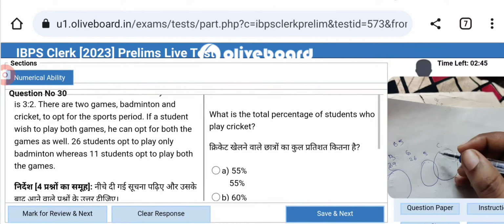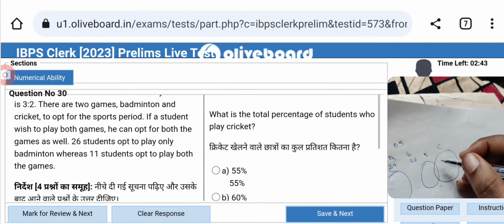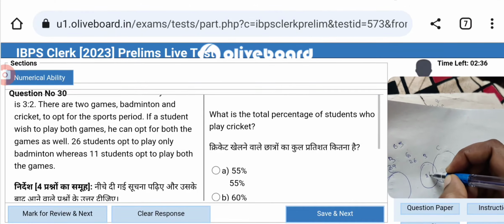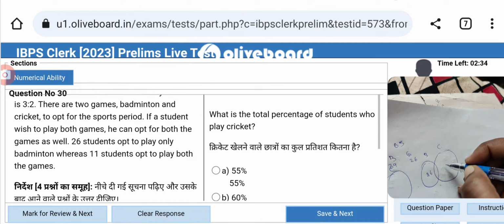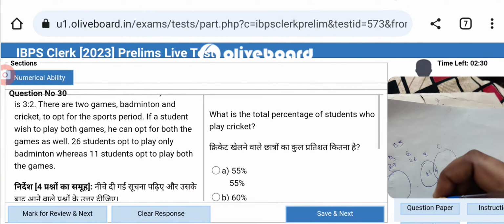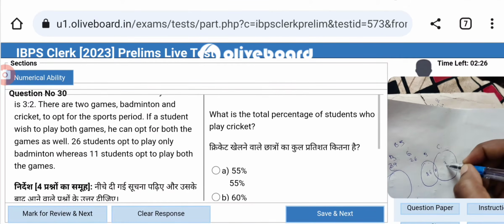If students play both games, they opt for both the games. So 26 opt play only badminton, whereas 11 students play both. So 3, 33, 65, 32.